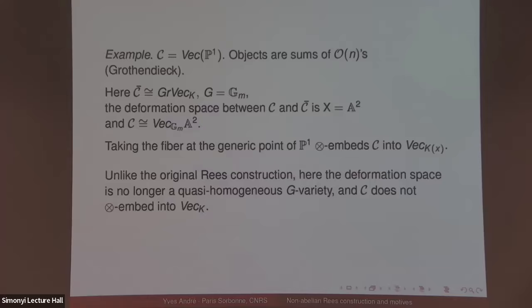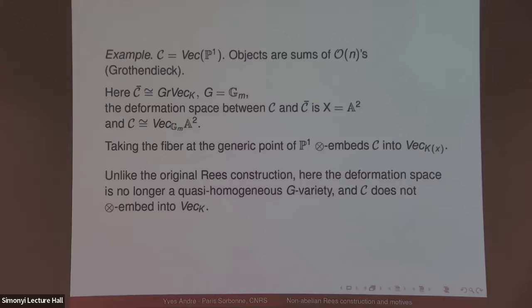And taking the fiber at the generic point P1, we embed C into the category of vector spaces over K of X. But here there is no embedding of this category into a K-linear abelian category. So this is not quite like the original Rees construction. And also the deformation space is no longer quasi-homogeneous, equivariant.